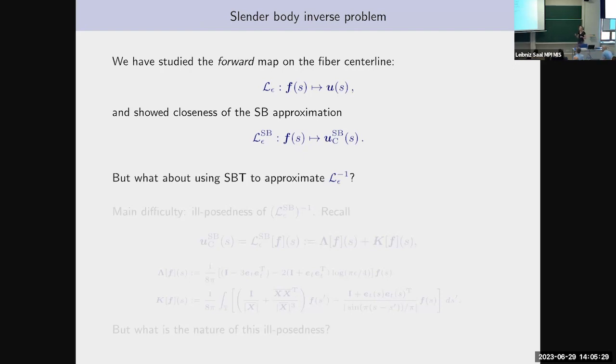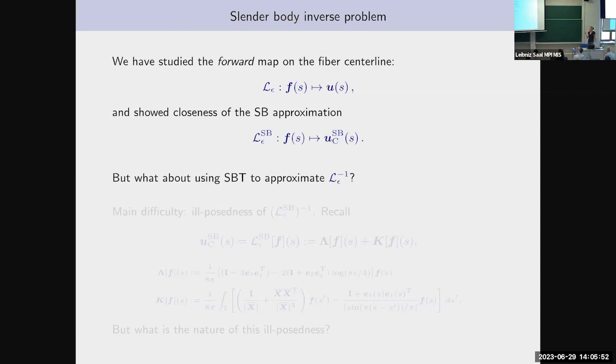So it's kind of a notion of a slender body Neumann to Dirichlet map, right? And in this case, as we've seen, the slender body approximation is a good approximation of this PDE solution, right? So taking the force density to some slender body velocity.